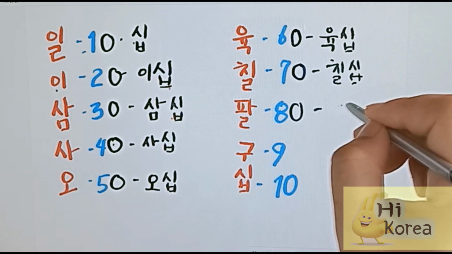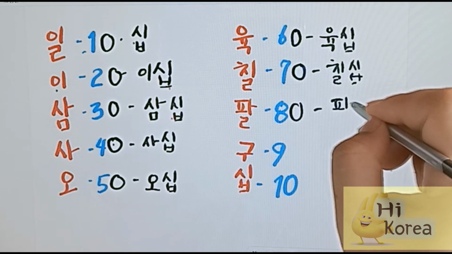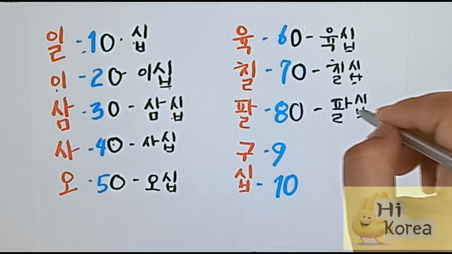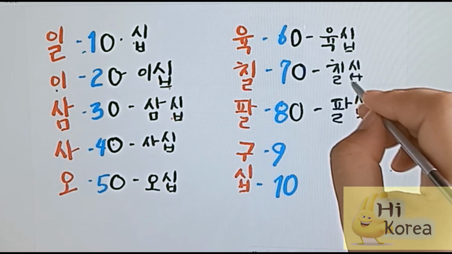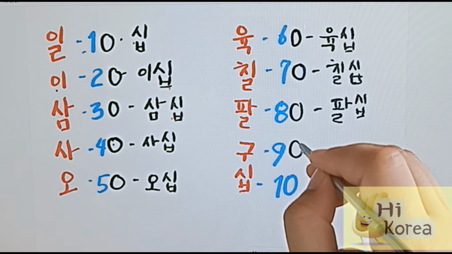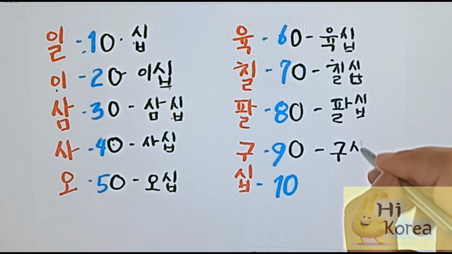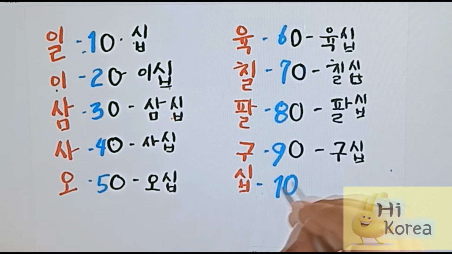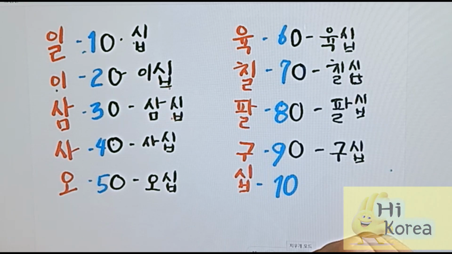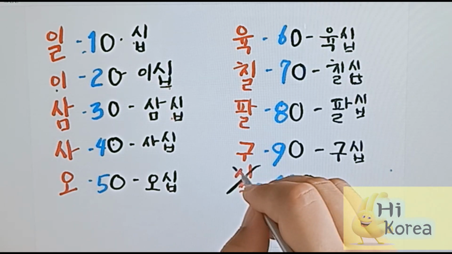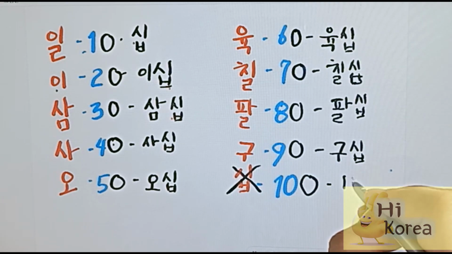For 80, 80. For 90, 90. 100, you cancel this one, it will become back.